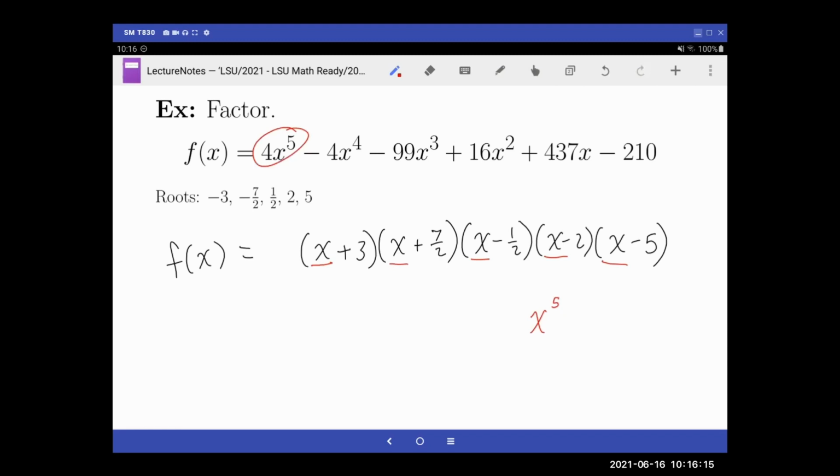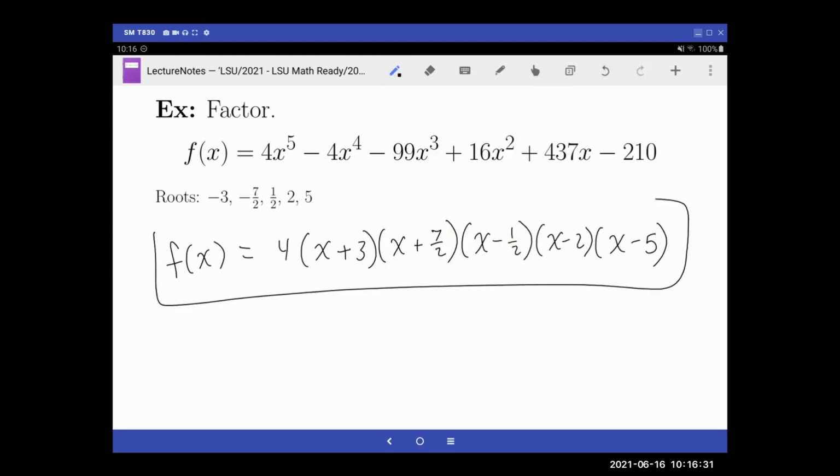There's a very simple workaround here. Stick a 4 in the front. So now you're multiplying 4 times x times x times x times x times x, which is 4x to the 5th. All right, so there we go. We factored this very complicated looking polynomial function using the roots. It worked out for us. We had real roots, so it worked out nicely there.